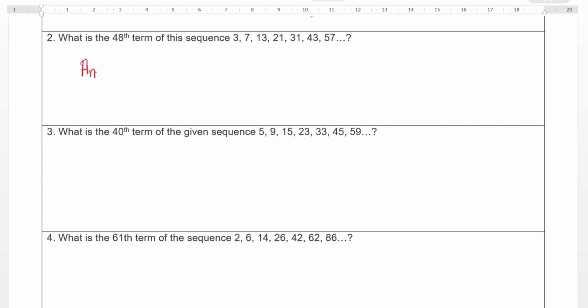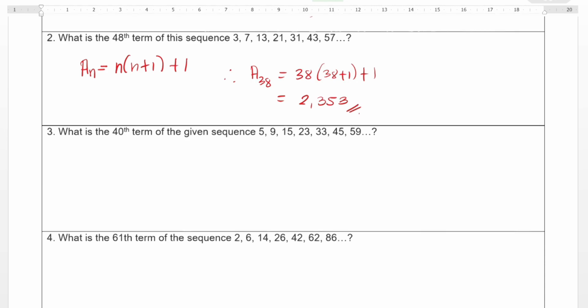Answer is a of n equals n times n plus 1 plus 1. Therefore, a of the 38th term equals 38 times 38 plus 1 plus 1 equals 2353.